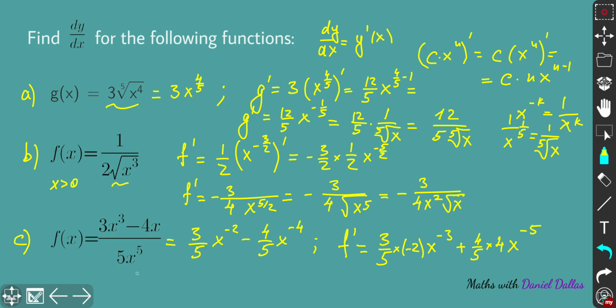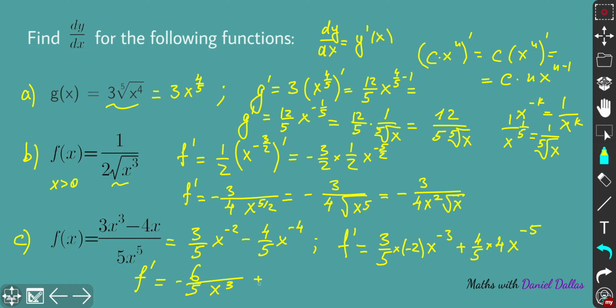Okay, so if we rewrite finally, f prime is going to be equal to negative 3 times 2, negative 6 over 5, okay? And x to the power negative 3 will give us 1 over x. So, if you like, you can write it like this, 1 over x to the power 3, okay?